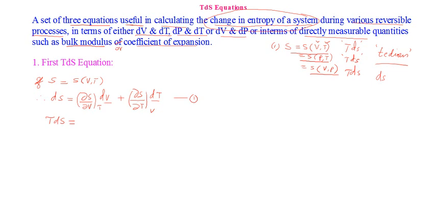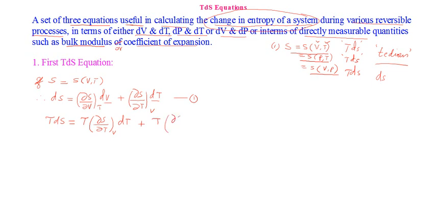So let me do one thing. I'm just writing the second term in equation number 1 as the first term, for some symmetry purpose. Okay, so T into dou s by dou T at V times dT plus, similarly, T into the first term there, I am writing second.